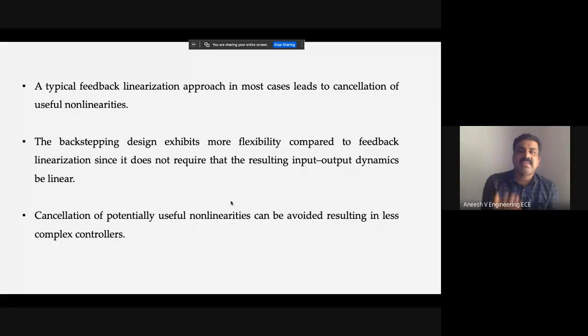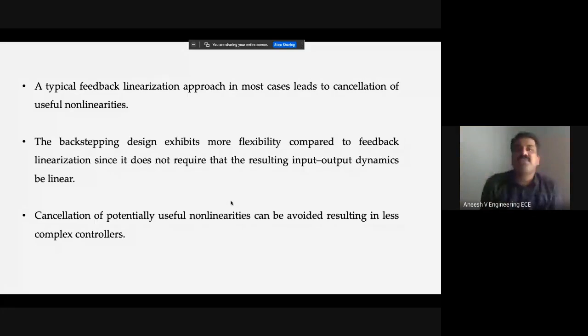Similarly, for the backstepping technique, we don't want any linearization technique. So whatever system we have, if the response is purely nonlinear, then we can apply this particular backstepping technique.